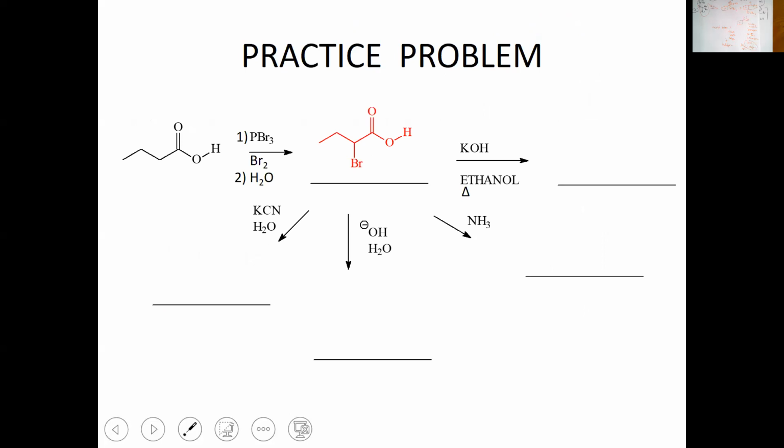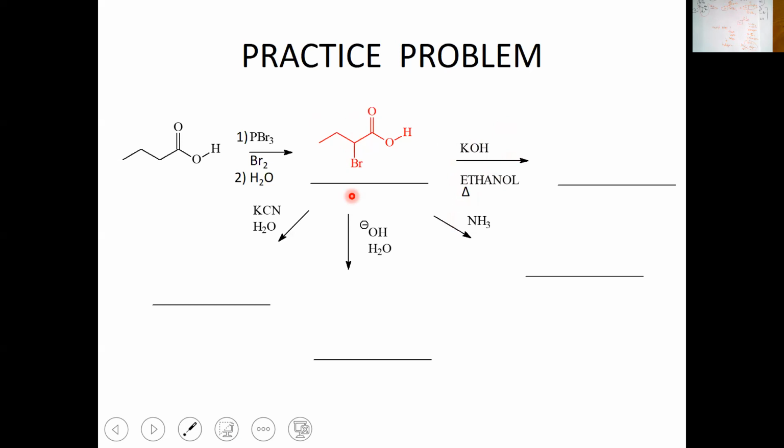And then you can do various things with that alpha bromo. Remember, alkyl halides are some of the most flexible functional groups we've seen. So if I add KOH and ethanol and heat, that's a secondary alkyl halide. Anionic nucleophile? Yes. Strong base?